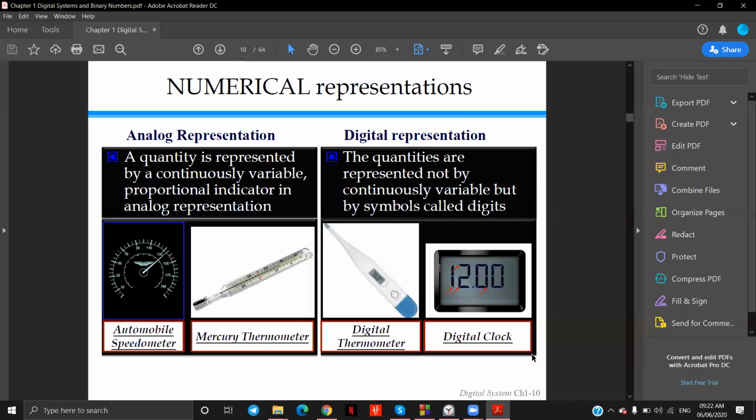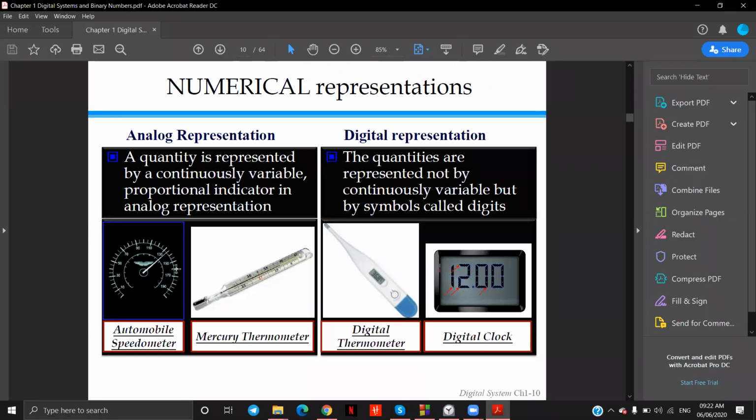There are some differences between analog representation and digital representation. One of those is that in analog representation, a quantity is represented by a continuously variable proportional indicator. So in analog representation, we do not find any fixed value. That means we cannot say the exact value.